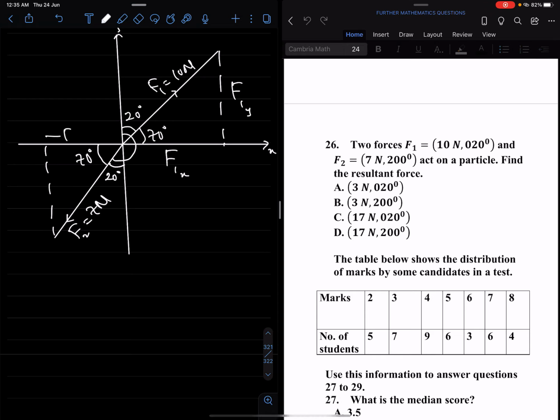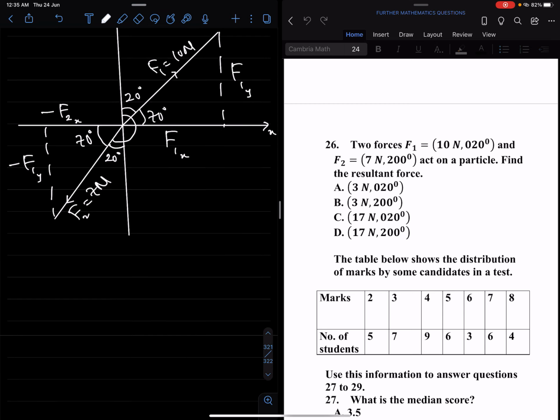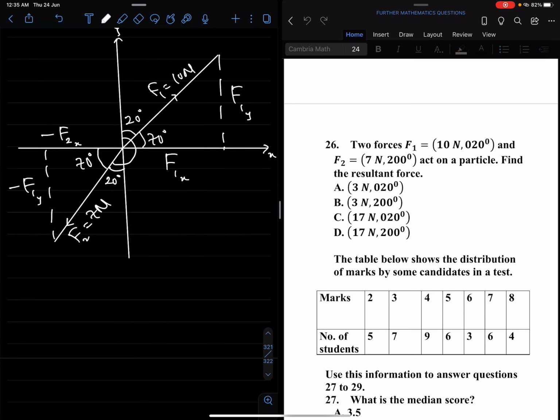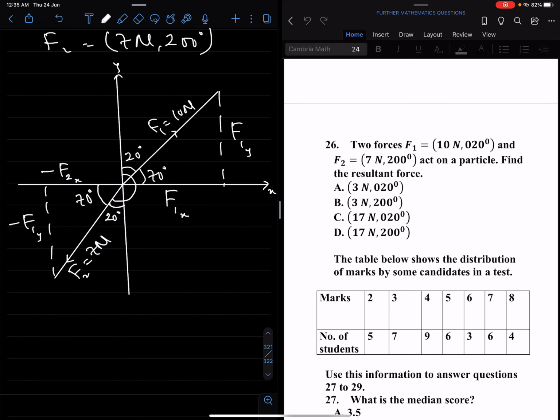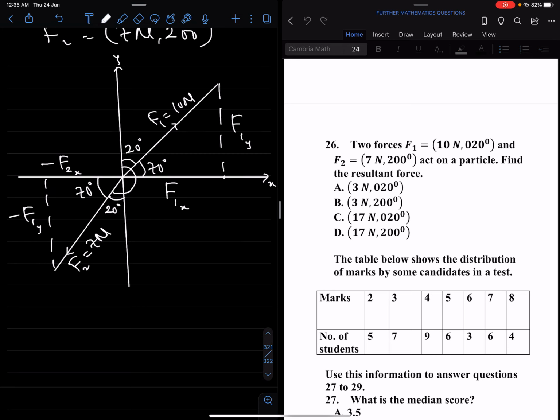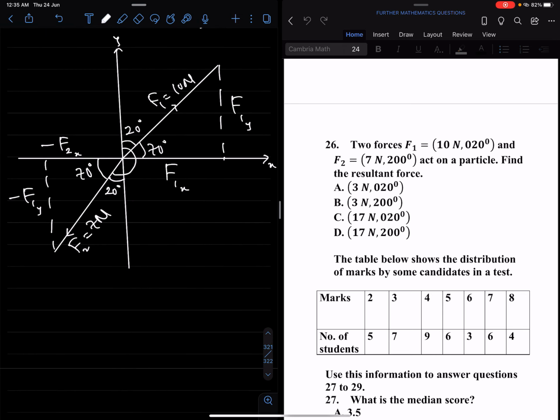That's going to be negative because it's in the negative x-axis, and I'm calling it F2x, while its vertical component is also going to be negative because it's also in the negative y-axis. So that will be minus F2y, and its horizontal component is minus F2x. I'm putting the signs so I don't forget that they are supposed to be negative.